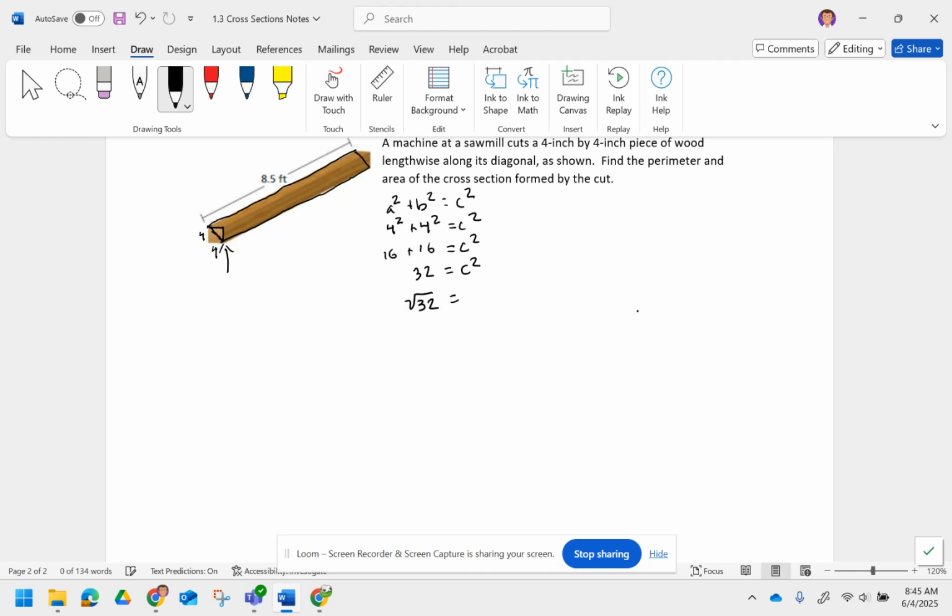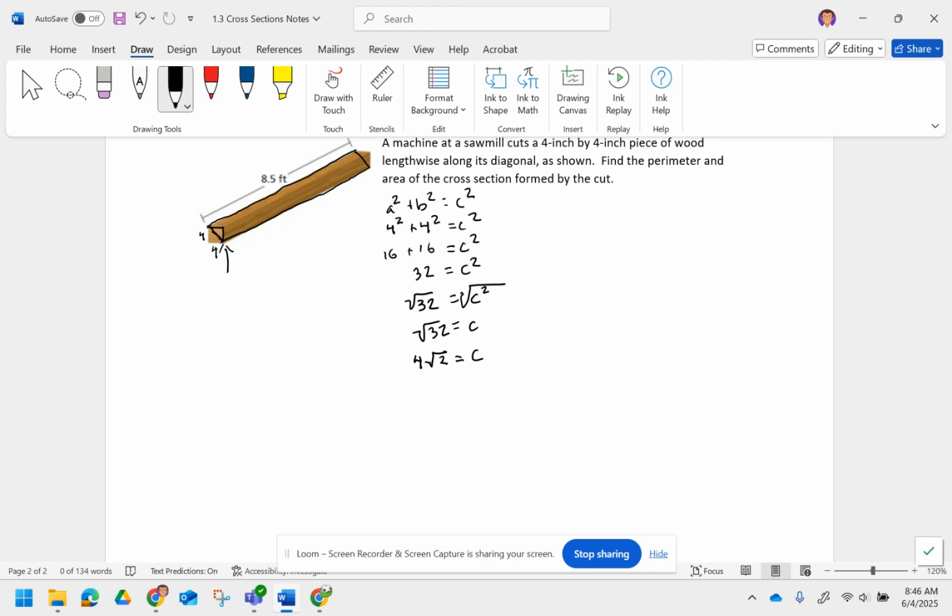So in order to get rid of the c squared, the inverse of a squared is a square root. So we're going to have c is equal to square root 32, which we can then simplify into 4 square root 2.